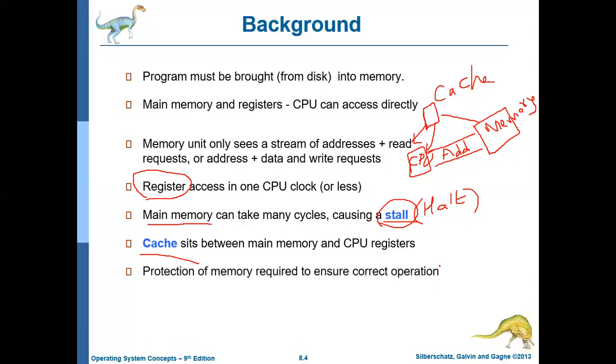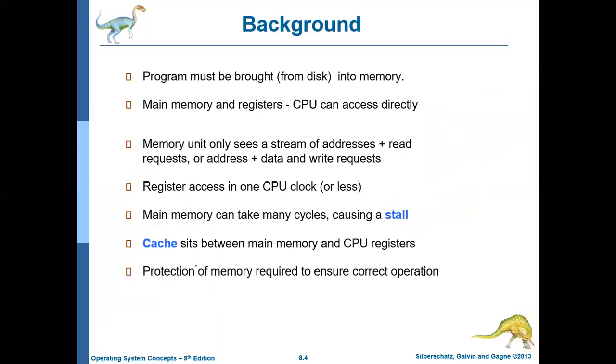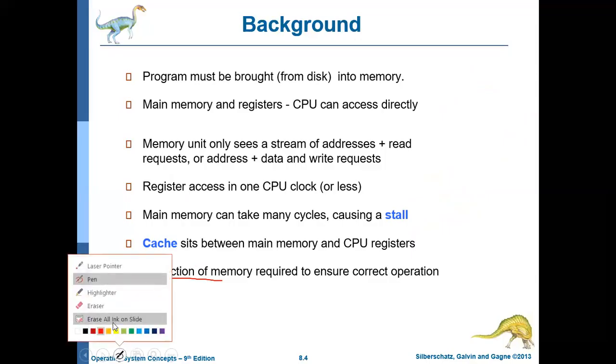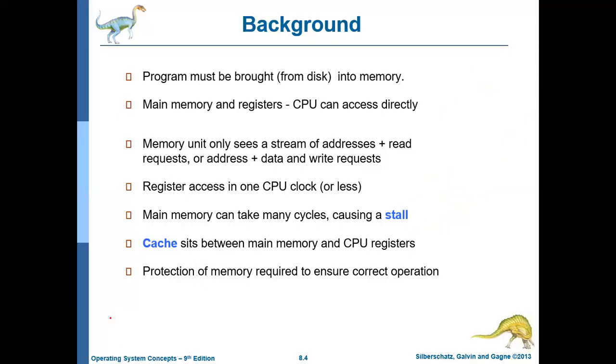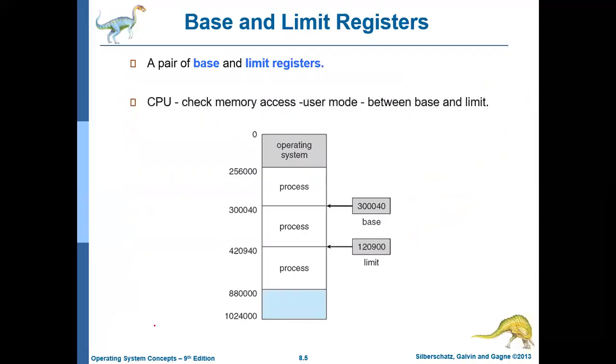So we are not only concerned with the speed of accessing the memory, but we are also concerned about memory protection. Protection in the sense, as we already know, different user processes will be stored at different locations in the memory.